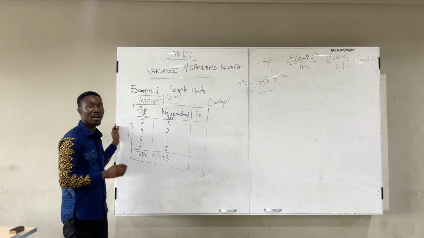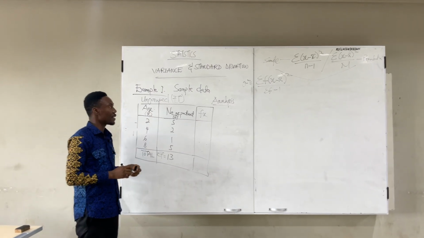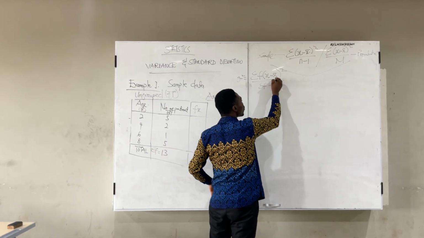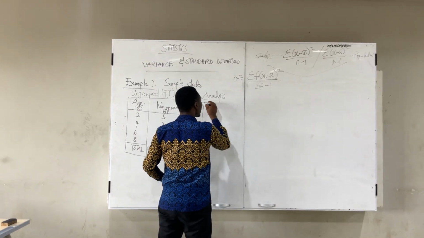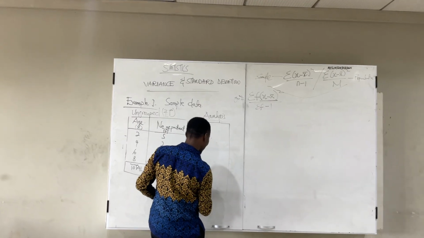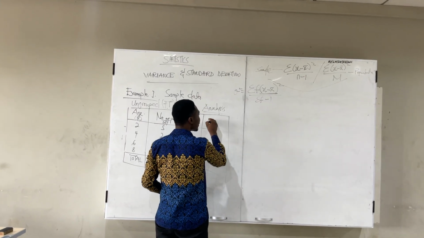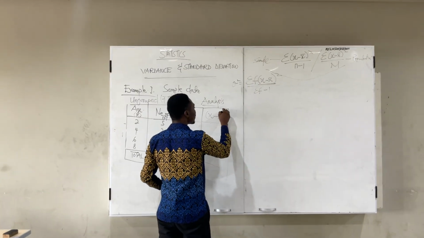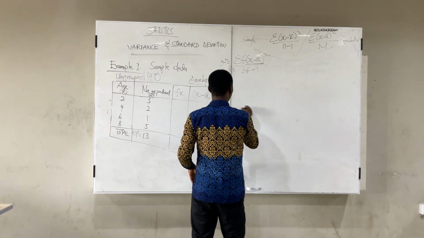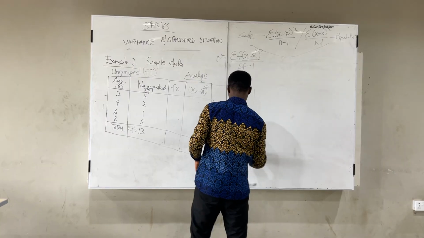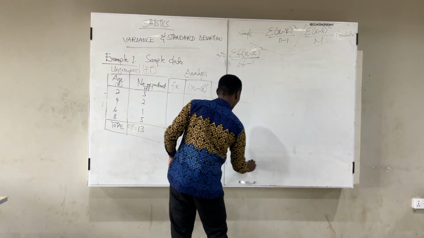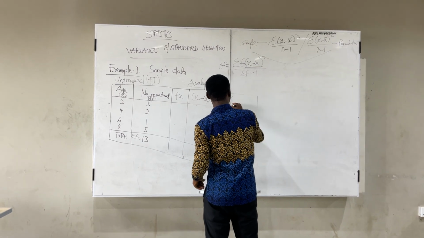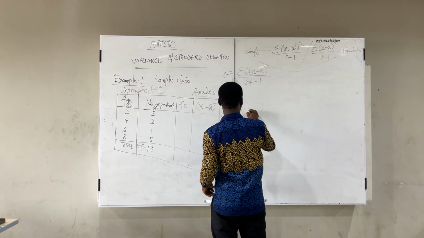So you write x over here, then here becomes f. Now from the formula, we need the deviations too in the table. So one column in the table will represent the deviations, x minus the mean squared. Then one column to represent f times the deviations.